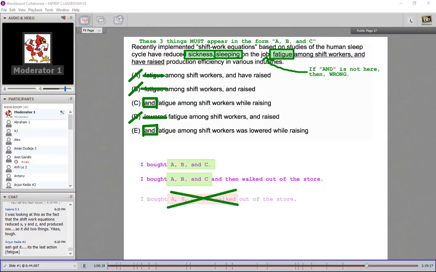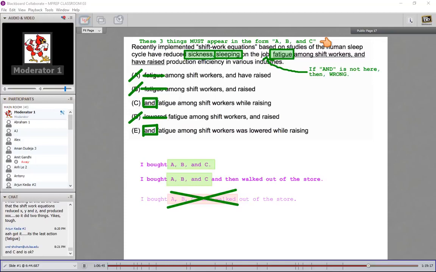If you can factor it, then you can factor it. So if the list is A, B, and C, then it's A, B, and C. It doesn't suddenly allow you to get rid of and if it's part of some larger structure. The principles are the same. It doesn't depend on the surrounding.